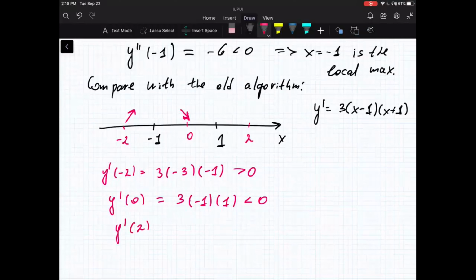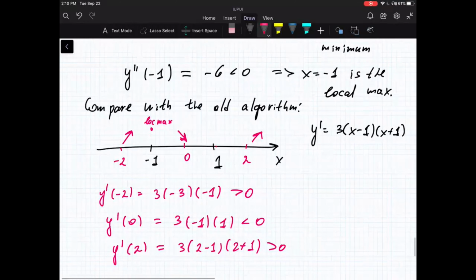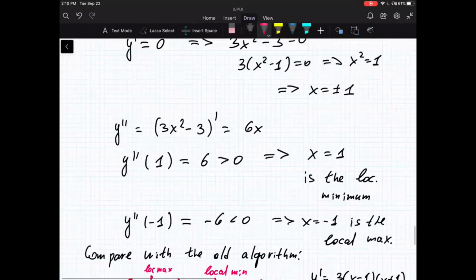Y prime at 2 will be 3 times (2 minus 1) times (2 plus 1), which is of course positive, so here my function is increasing. And again, from this picture we can determine that this is a local maximum, while this one is a local minimum.